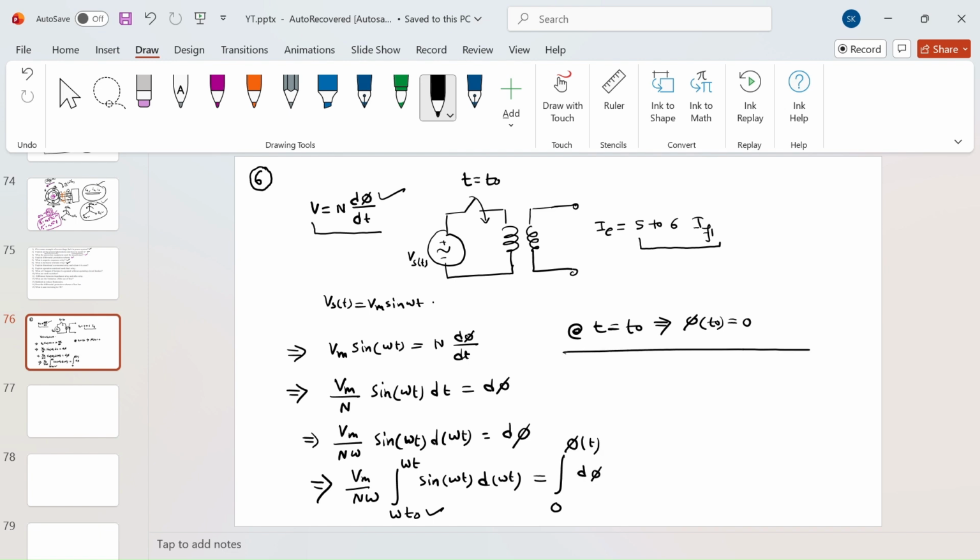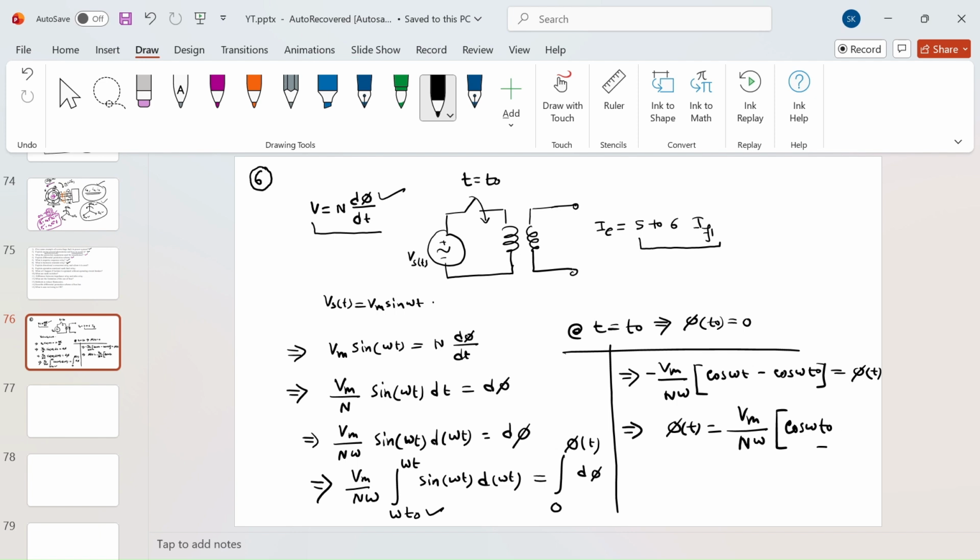If you solve this equation, you will get minus Vm by N omega, cos omega t minus cos omega t naught, equals phi of t.